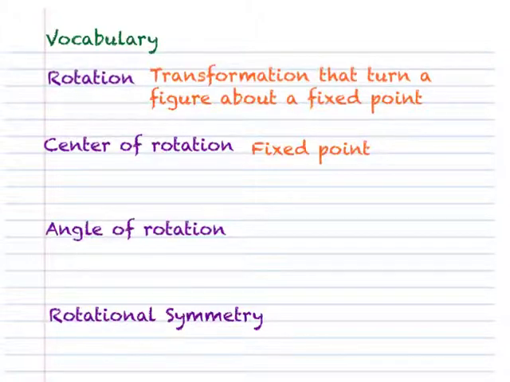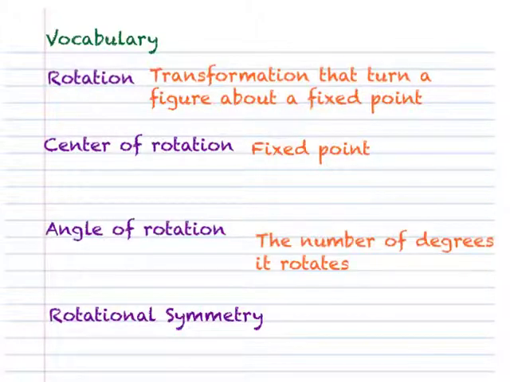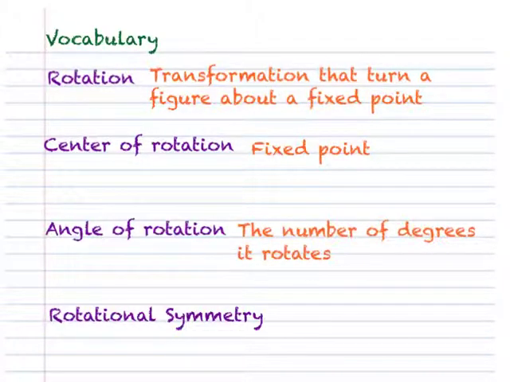And the angle of rotation is the number of degrees that it rotates. Now, we measure how far it rotates by degrees, not inches or feet. If you've heard of degrees before, you can think of a degree of an angle. So we're looking at how many degrees of that angle it rotates. I'll give you a minute to copy that down.